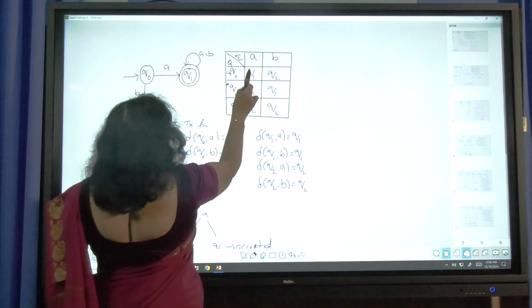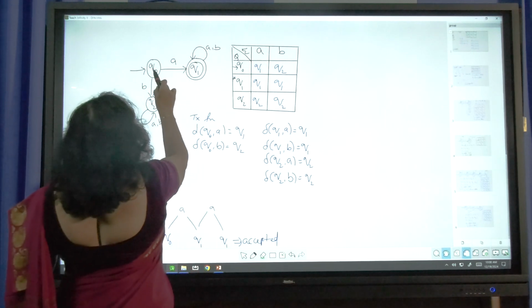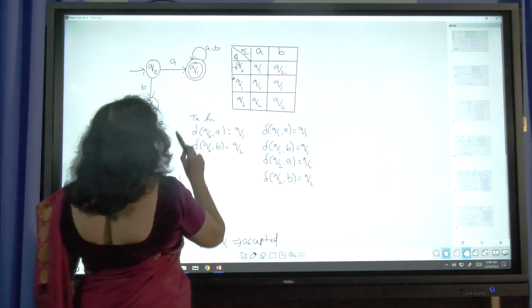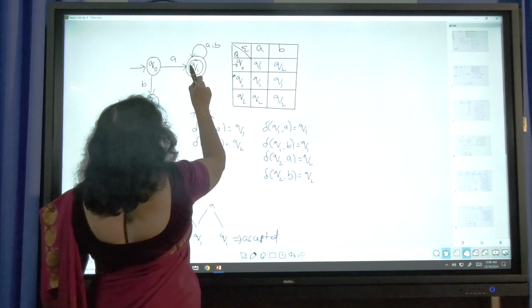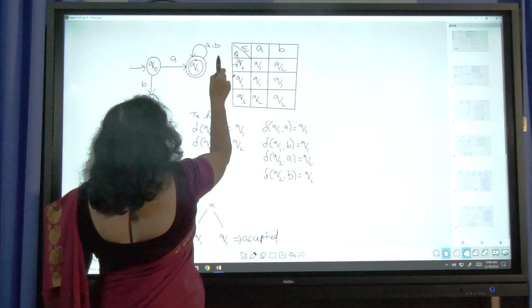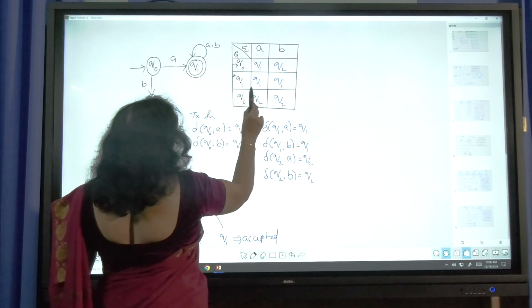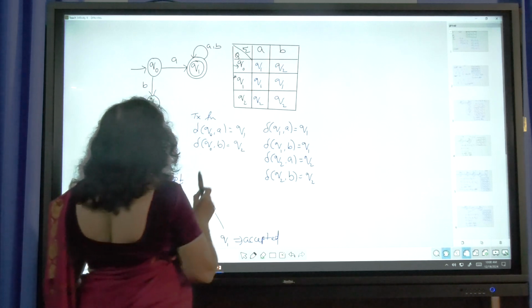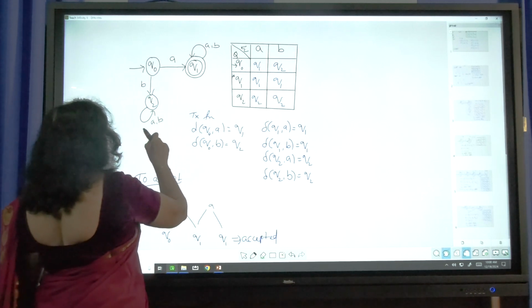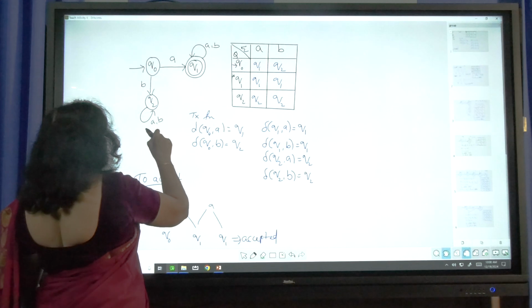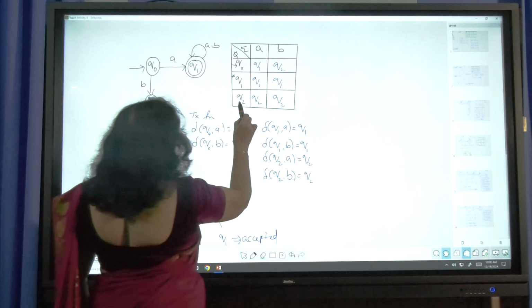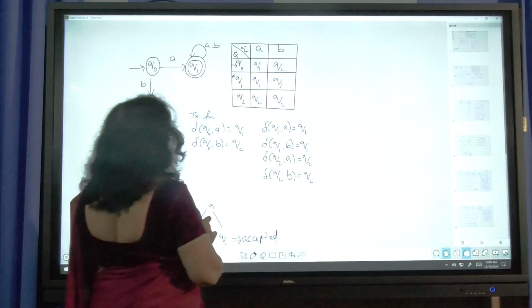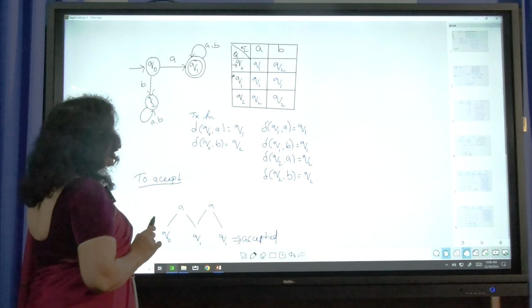Q naught on B goes to Q2. Q1 on A goes to Q1. Q1 on B also goes to Q1. Q2 on A is Q2. Q2 on B is also Q2. This is the transition table.